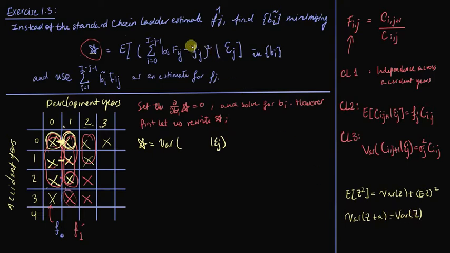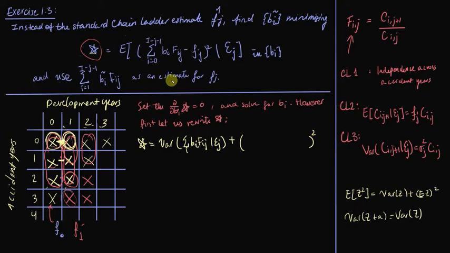So we can just remove the fj term, and what we have is the sum of bi fij over I. And the next term will then be the square of the conditional mean of this thing here.